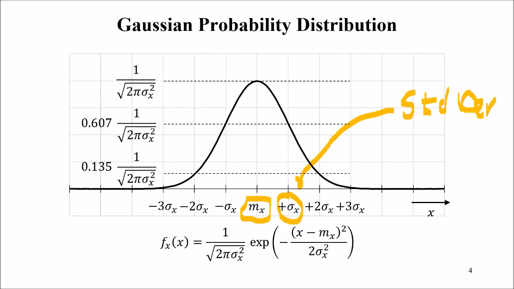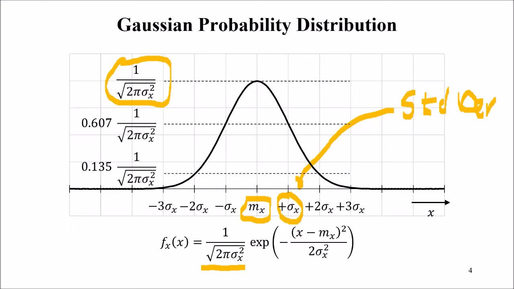It's not quite down to 0, but if you're drawing a hand sketch, that will be close enough. The value at the peak in the middle is given by the term that's in front of the exponential. You put in x equals the mean value m sub x, and then you get e to the 0, which returns a 1. So that gives you the peak, the highest value.